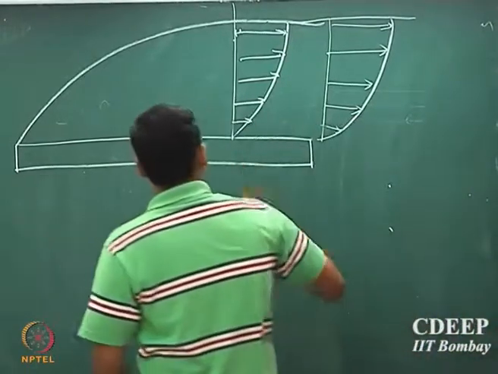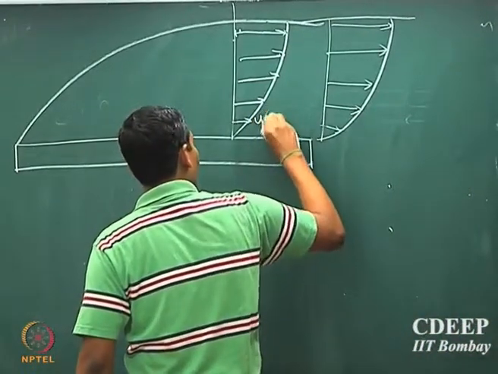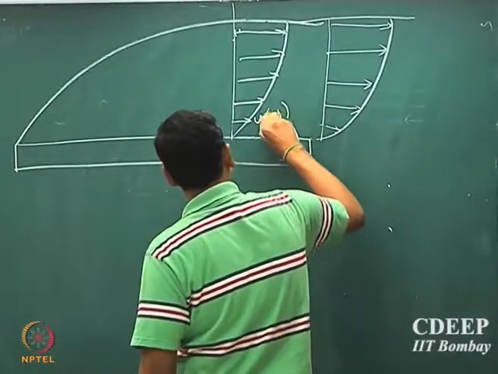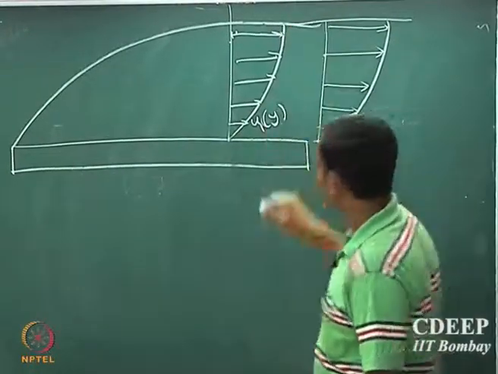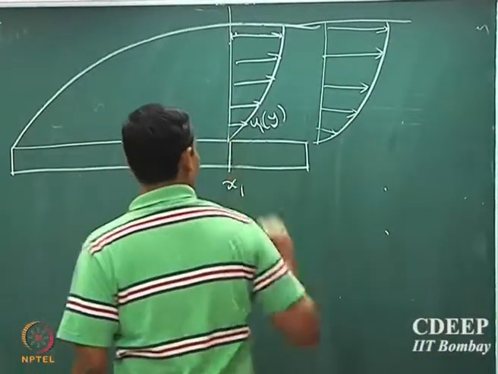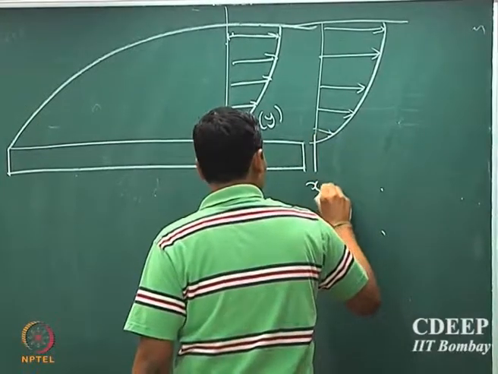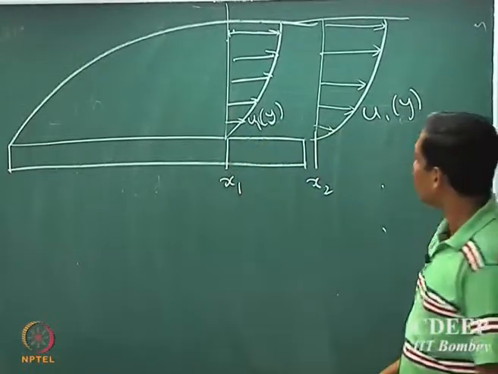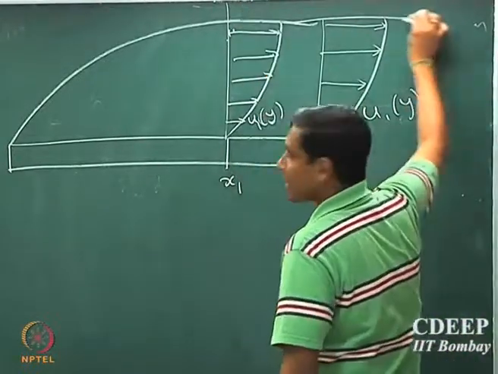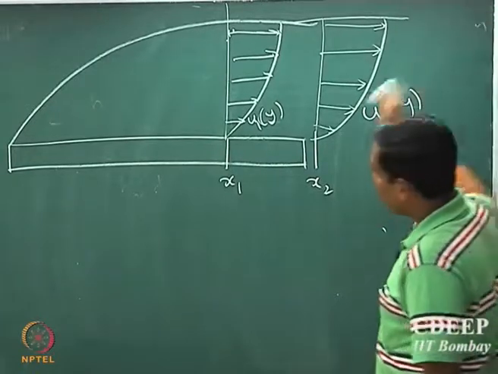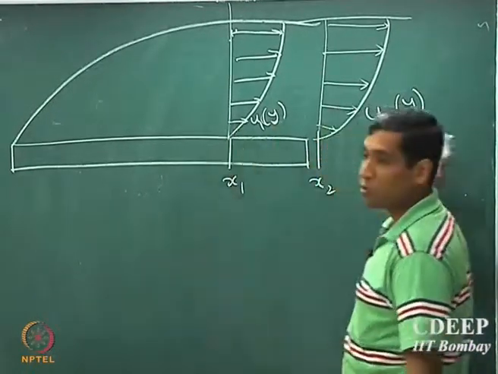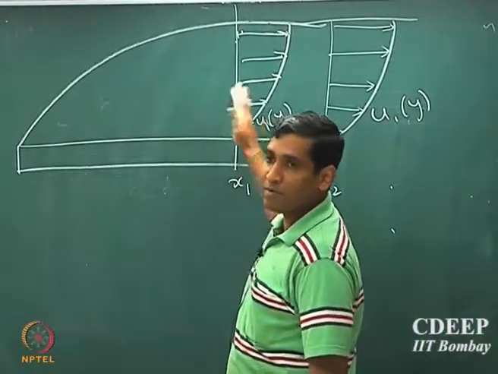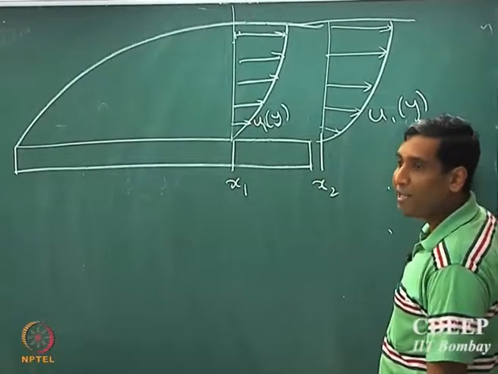Which means that if the velocity profile is u1 of y at the x1 location, and this is x2, then the velocity profile will continue to remain the same, which means that the boundary layer thickness will remain the same after the location x1. That's what is called the fully developed regime. The regime before is called the developing regime, and after x1 is called the fully developed regime.